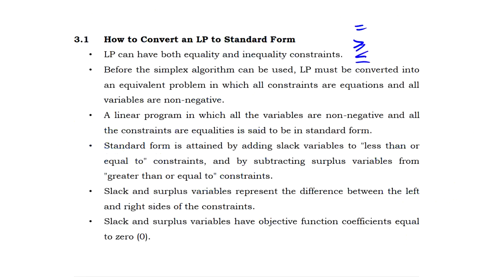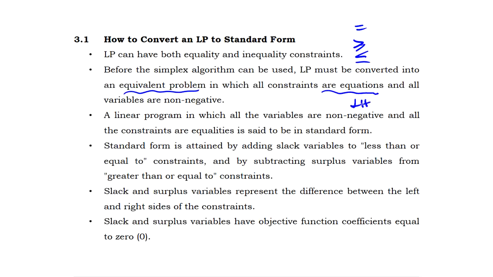Okay, so how do we convert an LP to standard form? An LP can have both equality and inequality constraints. Before the simplex algorithm can be used, the LP must be converted into an equivalent problem in which all constraints are equations and all variables are non-negative.